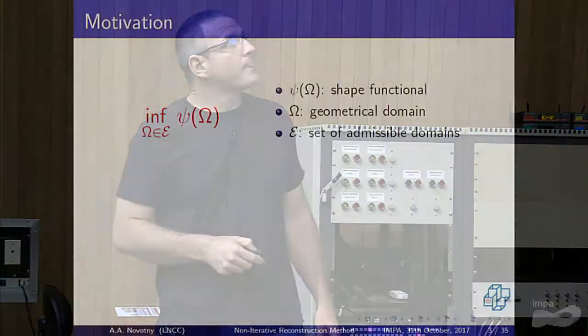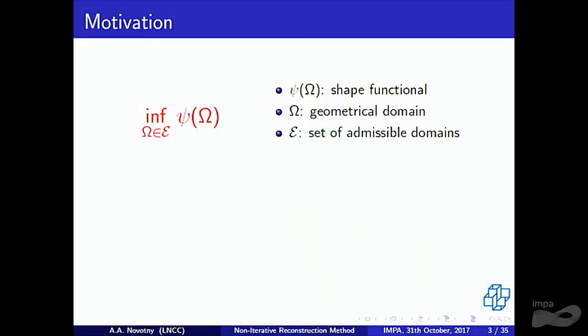I introduce this example as a toy problem to fix the ideas. So the general framework is the following. We have a shape functional psi, which depends on a geometric domain omega.